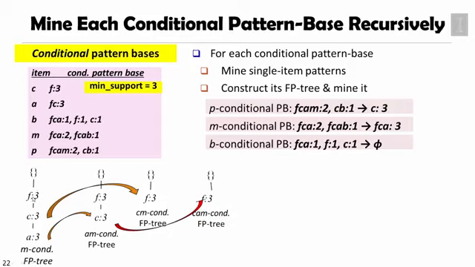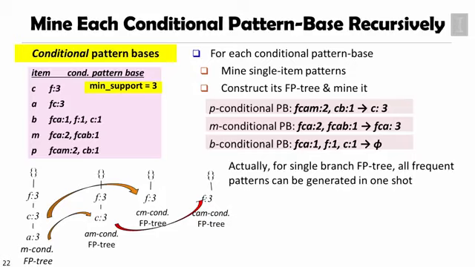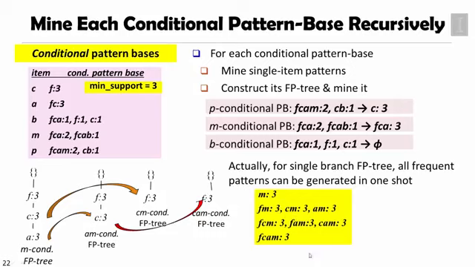And for C, you get F:3. You can see that's the same thing. Then for this particular AM conditional FP-tree, you just take a C, that means AMC or CAM. Their conditional pattern base is only F:3, you get this. Then you can dump all the patterns like this. For a single branch, essentially that's the same thing. You will dump all the possible combinations, and they are all 3.